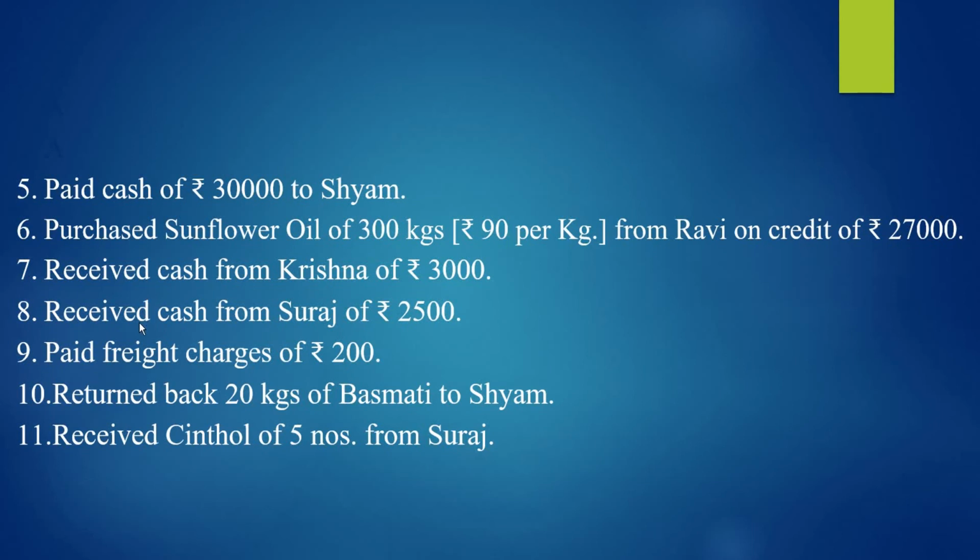Next two recordings are in a receipt voucher. The first one is received cash from Krishna of rupees 3000, and later we have received cash from Suraj of rupees 2500. Let's see both the recordings in Tally.